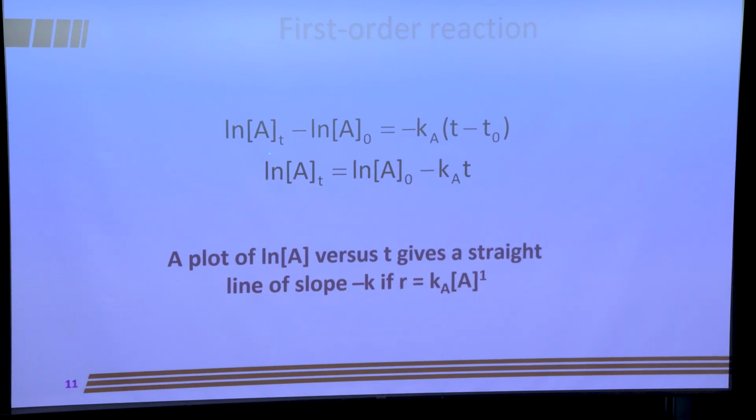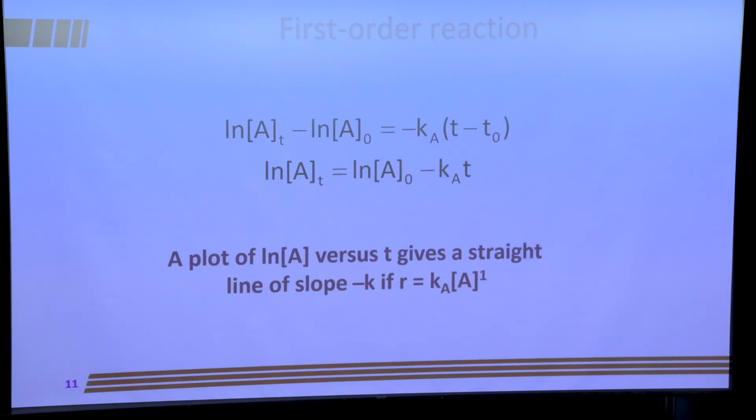And then we have the log of A at any time minus the log of A at time 0 is equal to minus k times t minus t0. But typically, t0 is 0. So we have the log of A at any time is equal to the log of A at time 0 minus kt. So we have y equals c plus mx.